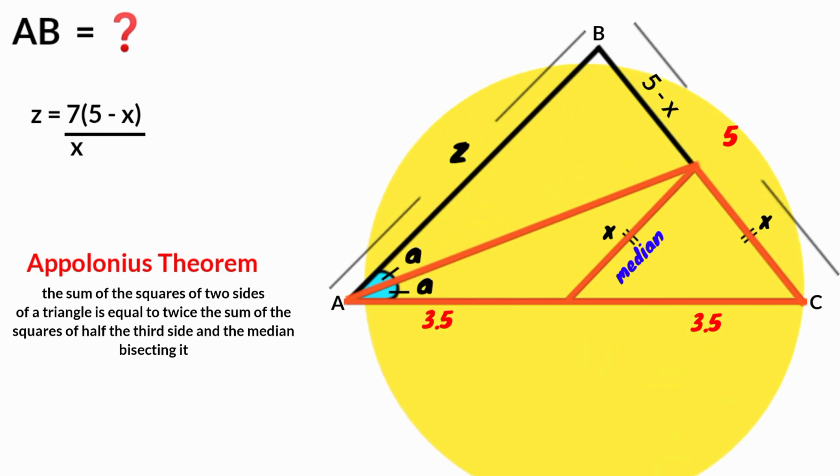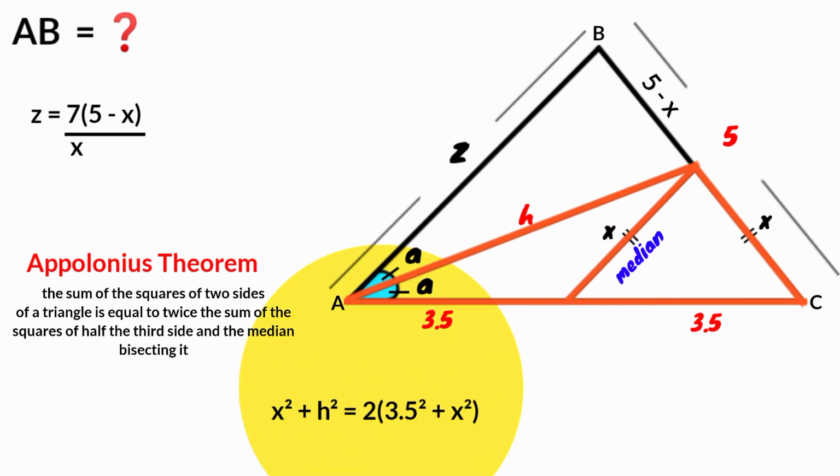That is, here, the sum of the squares of this x and the length of this side, say h, is equal to twice the sum of the squares of half of this side, which is 3.5, and the median.